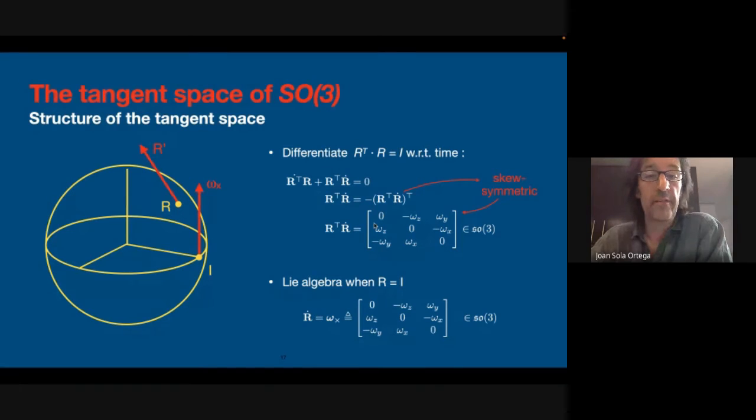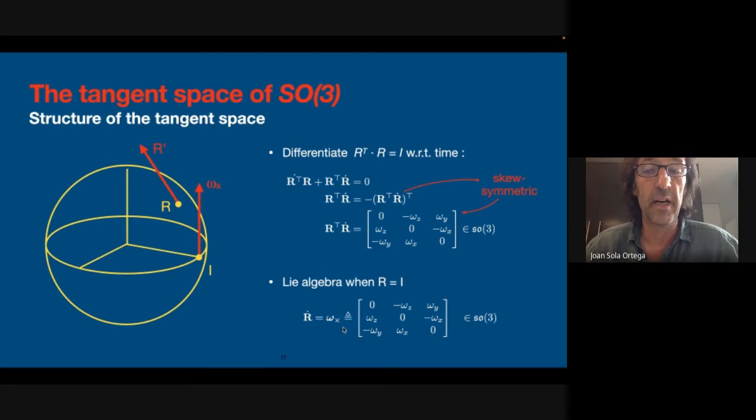You could place a tangent space here, tangent to the identity. It would be a 3-dimensional space, the space of skew-symmetric matrices. Of course, R is the identity. The tangent vector Ṙ is exactly this skew-symmetric matrix, which we represent by ω cross. This cross comes from the cross product, but we indicate with this cross a skew-symmetric matrix.